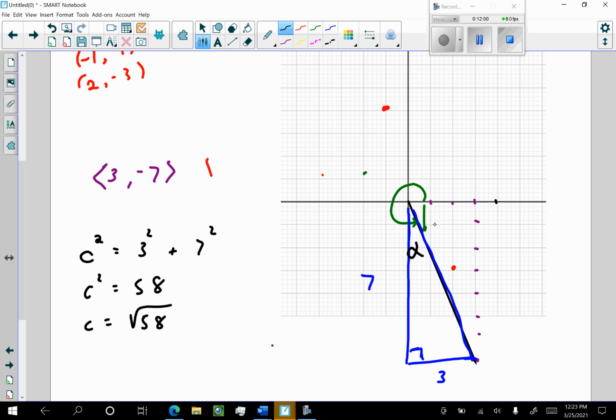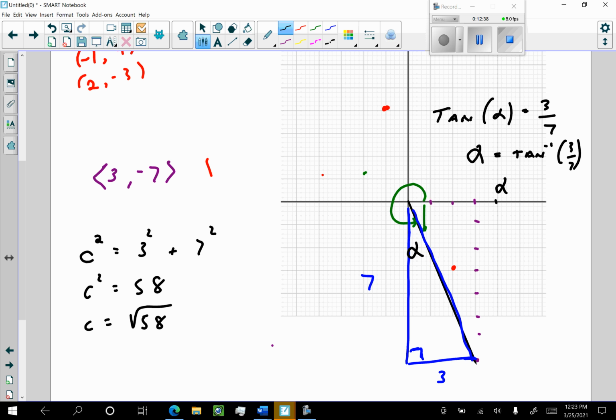So what do we know? Well, we know that the tangent of alpha is equal to opposite over adjacent, 3/7. So alpha is equal to inverse tangent of 3/7. Let's figure out what that is on my graphing utility. Inverse tangent of 3/7 is 23.2 degrees.